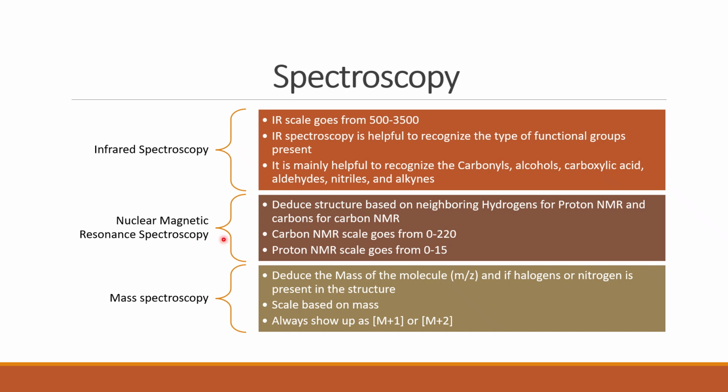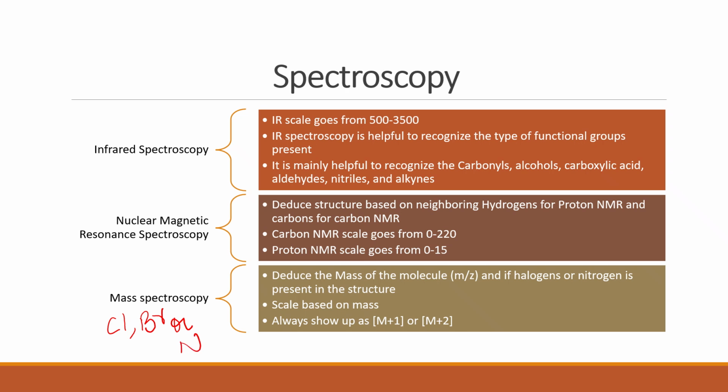NMR spectroscopy is used to deduce the structure based on the neighboring hydrogens, while mass spec is used to know the mass of the molecule, and it is also helpful to recognize if we have any halogens, especially chlorine or bromine, or even nitrogen atoms in the structure.